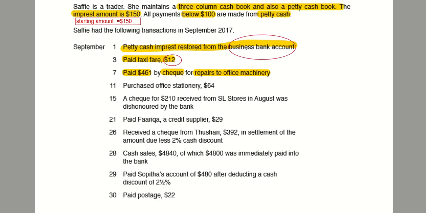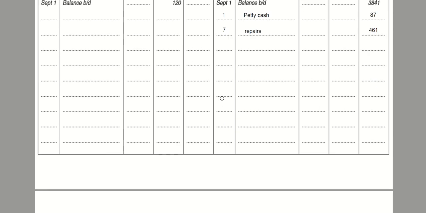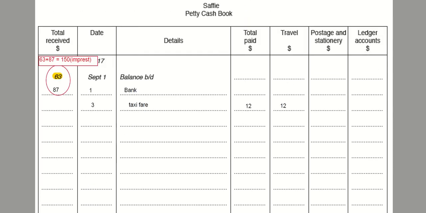On the 11th, purchased office stationery. Again, always look at the amount, because you have to decide, is it less than 100 or more than 100, to be sure where it's going to end up, whether it goes in the petty cash book or the cash book. Here it's 64, less than 100, so it will go in the petty cash book. So let's put on the 11th of September.